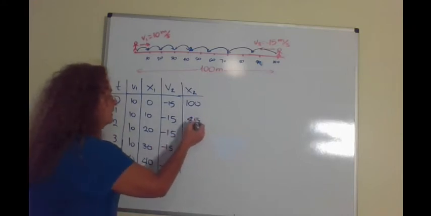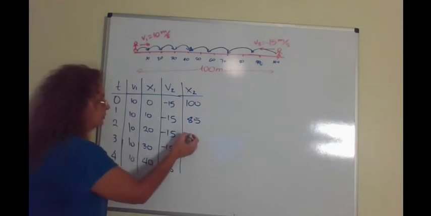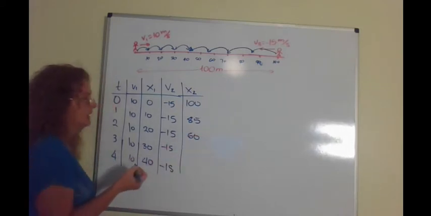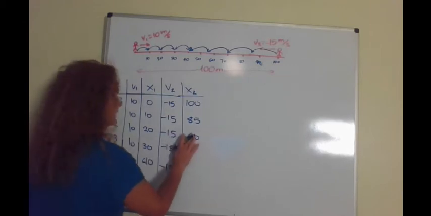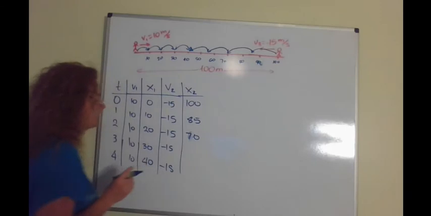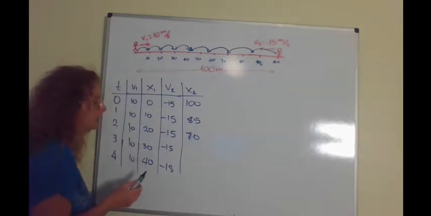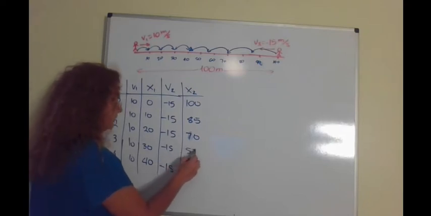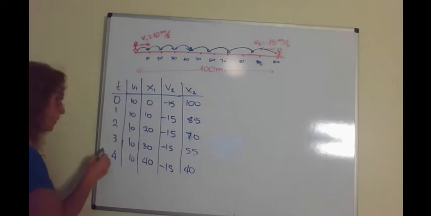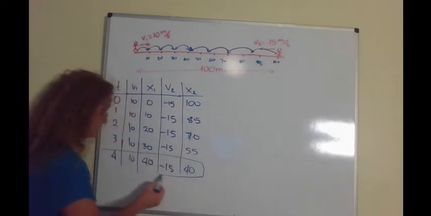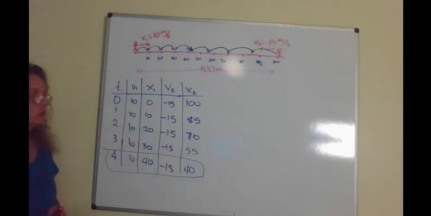And then in the next second he goes to 70. And then after another second, it goes to 55, and then to 40. So we see that at the fourth second, they are at the same position.